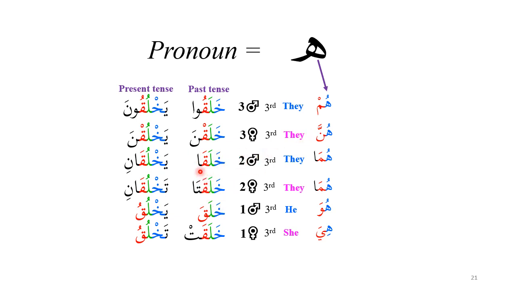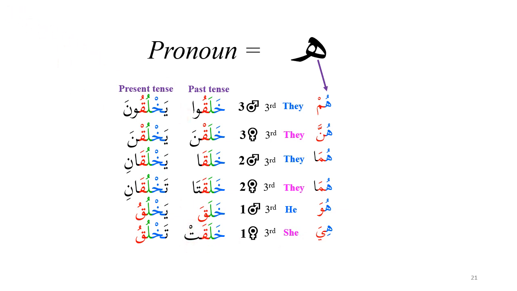And halaka means they, but here two, right? Two persons created, and halakata would mean two persons created but feminine, right? Because of ta. And halaka would mean he created, right? And halakat is she created.